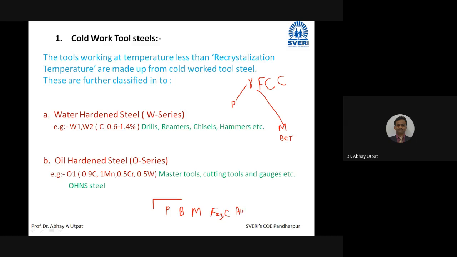Any alloy carbide: tungsten carbide, silicon carbide, vanadium carbide, molybdenum carbide. This is the sequence of hardness.